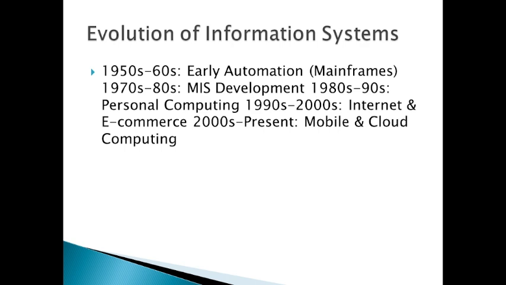Then from the year 2000 to present, we have mobile and cloud computing. Now mobile devices and cloud computing have transformed how we access and use information. We have big data and analytics as major trends.